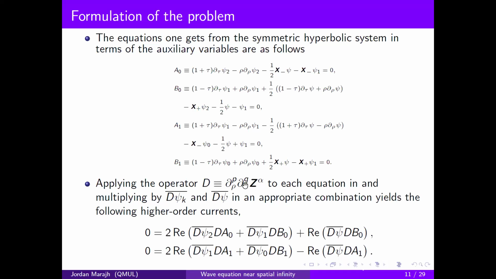But you can think about them like rotational vector fields. So if you hit this onto A0, B0, A1, and B1, and you multiply by the appropriate combination of psi k and psi, you'll have the following higher order currents.